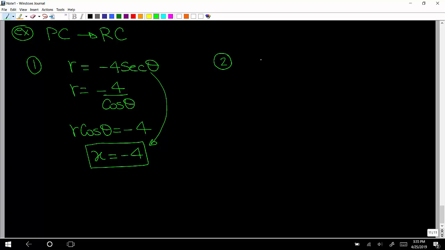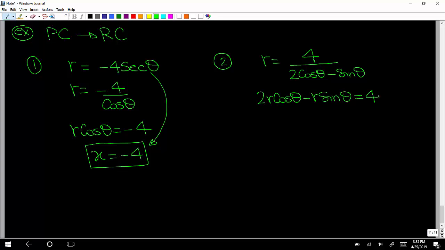Okay. 2. Let's say we have r is equal to 4 over 2 cosine theta minus sine theta. So in this case I can cross multiply again. So I get 2r cosine theta minus r sine theta is equal to 4.